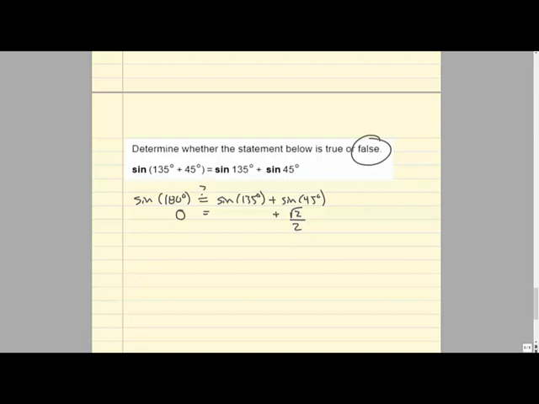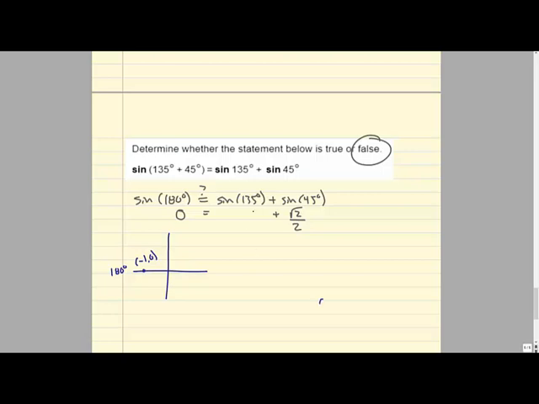That's a quadrantal angle. So let's look at the sine of 180 real quick. Here's 180 degrees. Remember when we put these points up, let's say as -1, 0, the sine would be 0 over r. r in this case is 1, so 0 over 1 is 0. This is one of the quadrantal ones you'll want to have memorized. So I get 0.